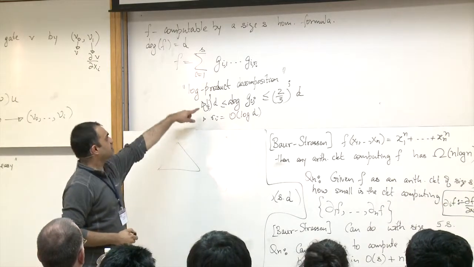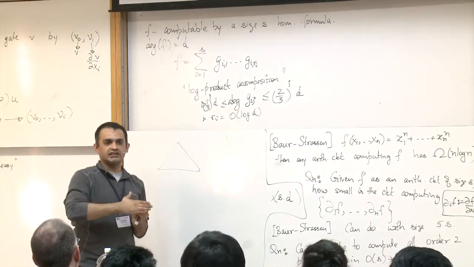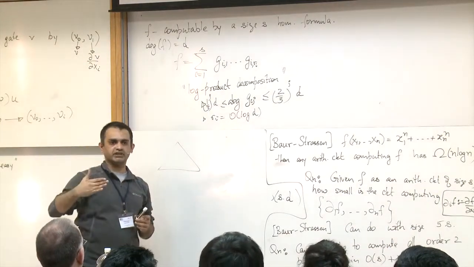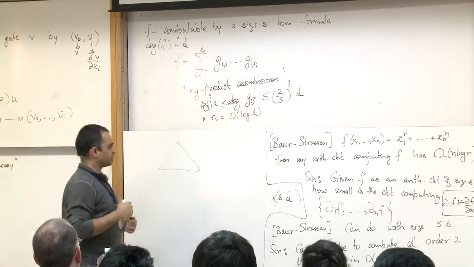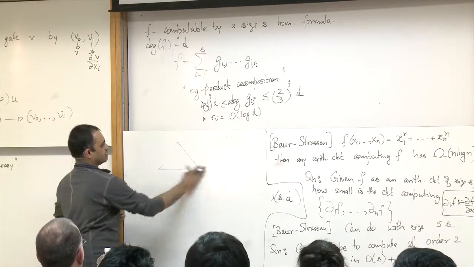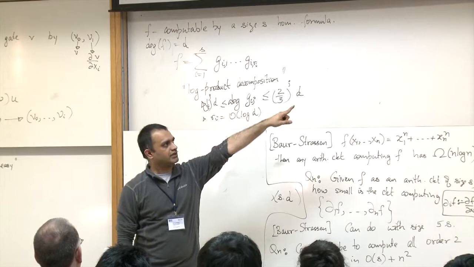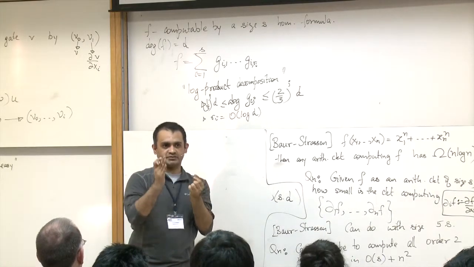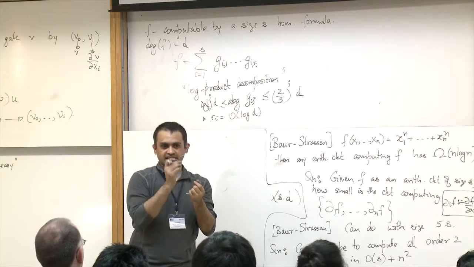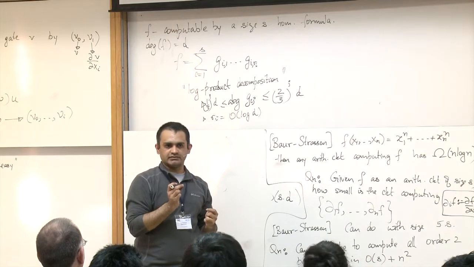It's the fact that the degree of each g_ij is a constant factor away from the polynomials that you were computing. And that is what makes this not trivial. The proof is exactly along those lines, where the node v we are going to find is not going to be a node where the size is between s by 3 and 2s by 3, but instead the degree is going to be between d by 3 and 2d by 3.